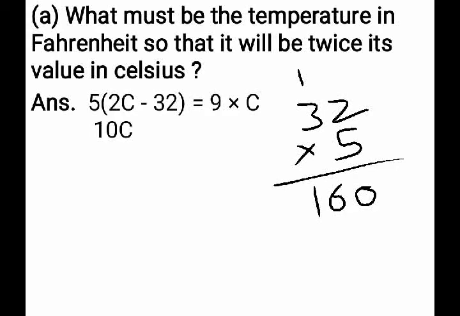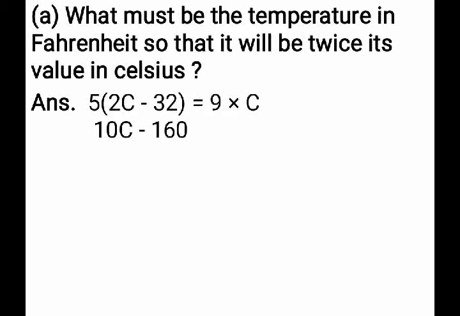I got the answer. 32 fives are 160. That is minus 160, is equal to 9 into C, means 9C.